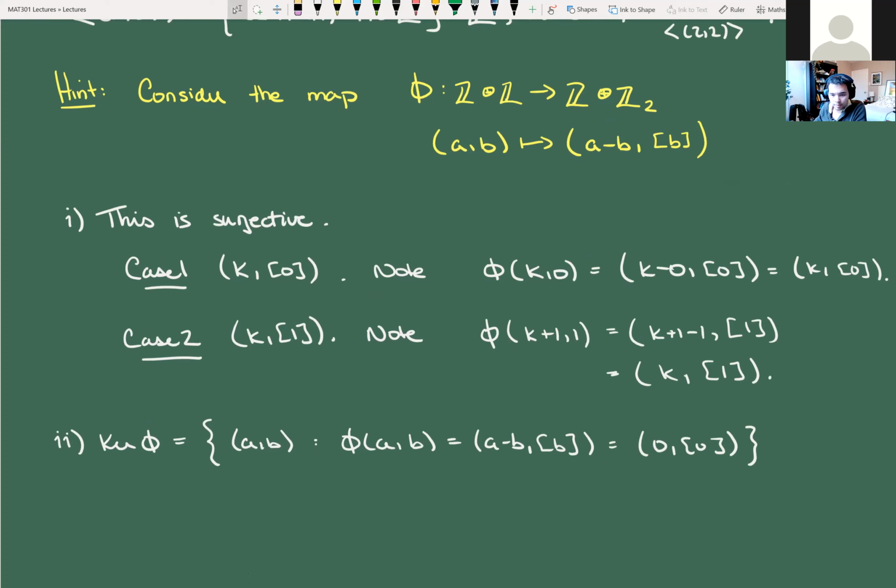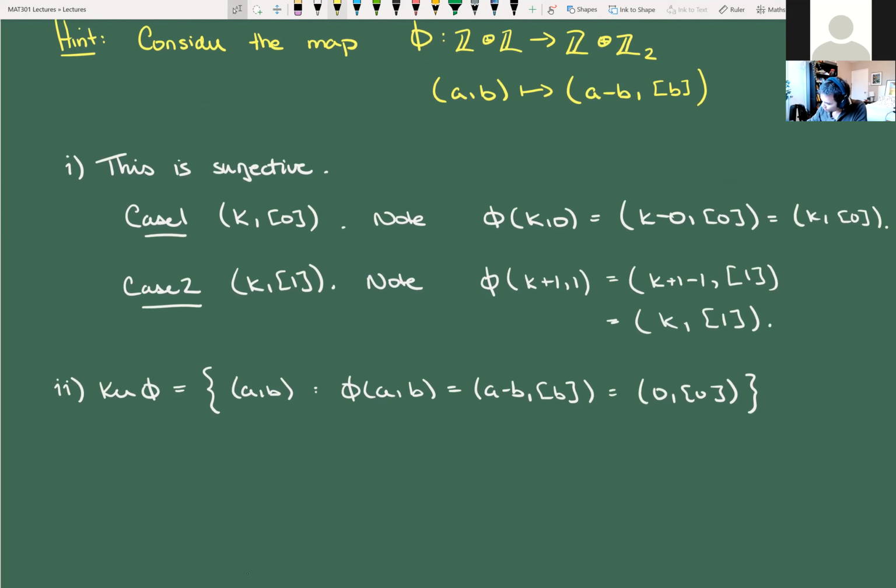If we look at the first component, a minus b has to be equal to 0. That's the exact same thing we had last time, so a is going to have to be equal to b. But the second thing we notice is that the equivalence class of b has to be equal to 0.